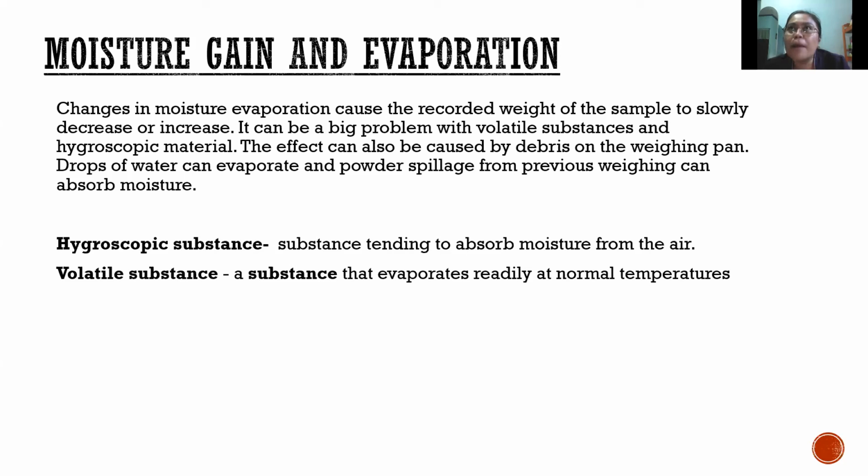Okay? So kapag ang substance hygroscopic, absorb na siya, whatever moisture, whatever air vapor ang nasa atong hangin, i-absorb na siya sa substance. So kung nakita ninyo dito sa example, sodium hydroxide is an example of a hygroscopic substance.